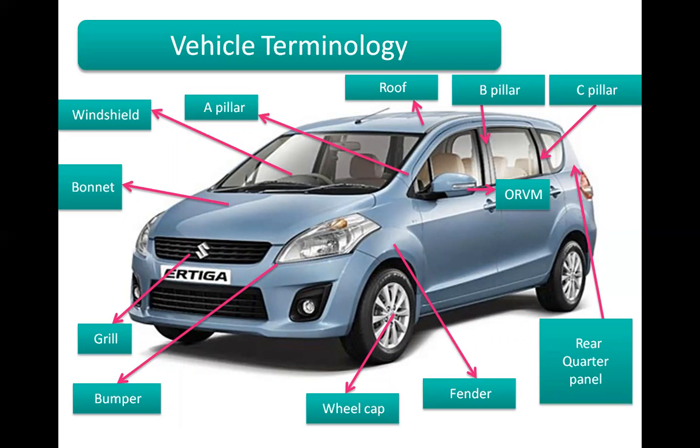Then B pillar is there, C pillar is there, then grill is there, bumper is there as shown, wheel cap is there, fender is there, rear quarter panel is there, and here the ORVM. So that is all about the vehicle body parts.